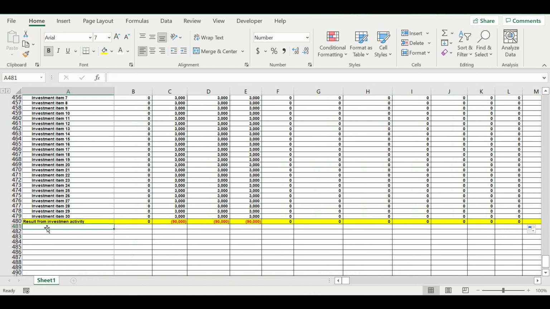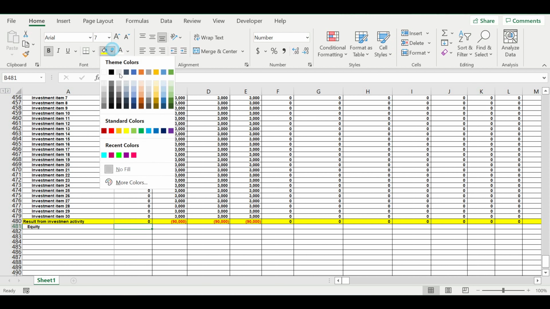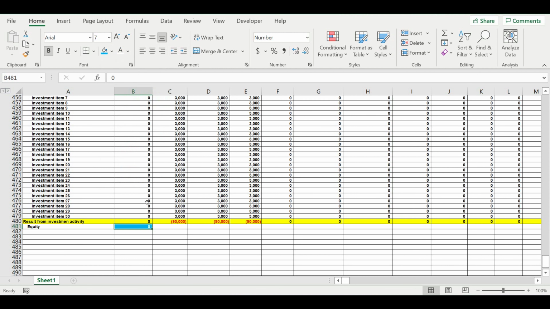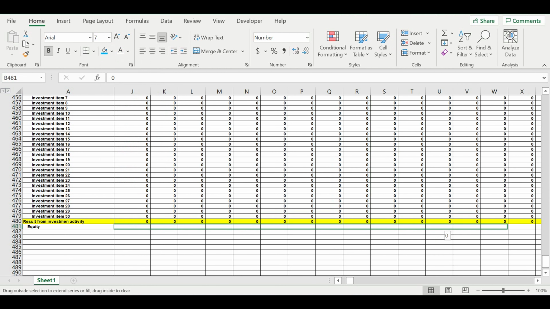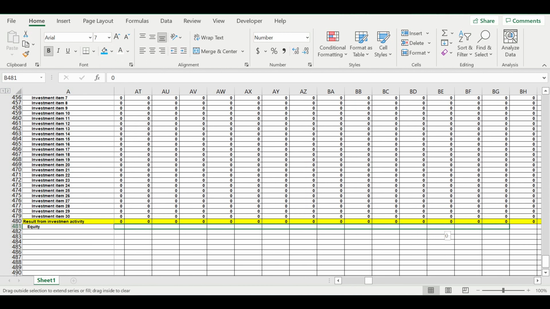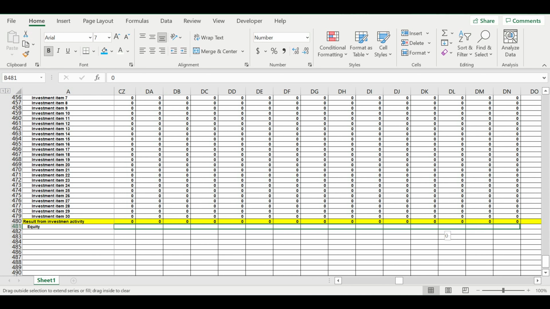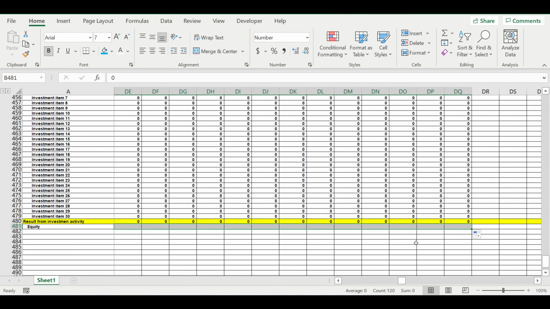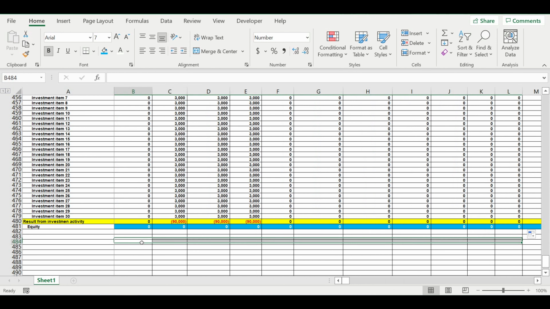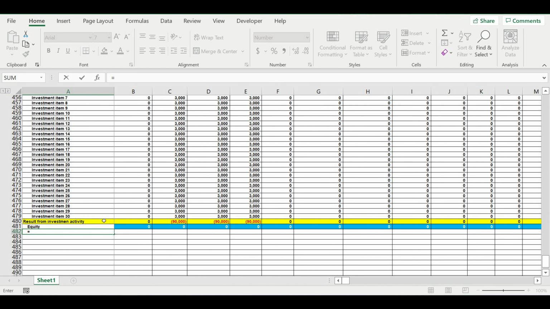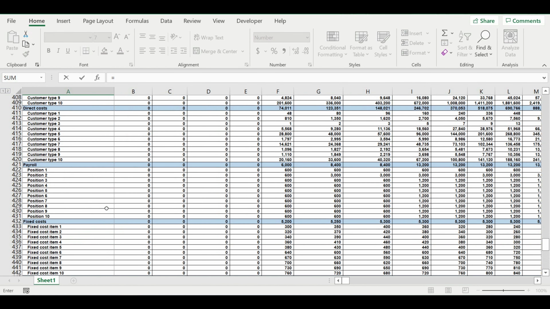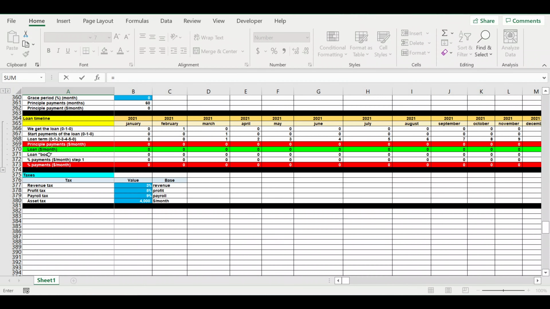So now we move to financing activity, equity. This is the only line with inputs that we may have inside the cash flow statement. All other cells are automatic. So here we have the loan.